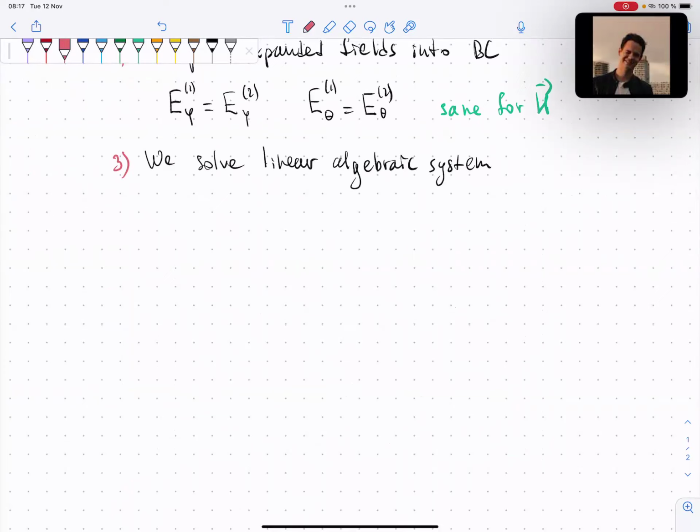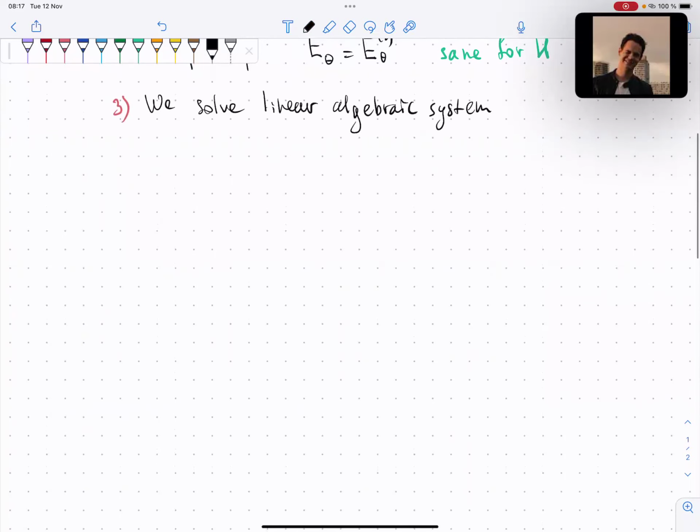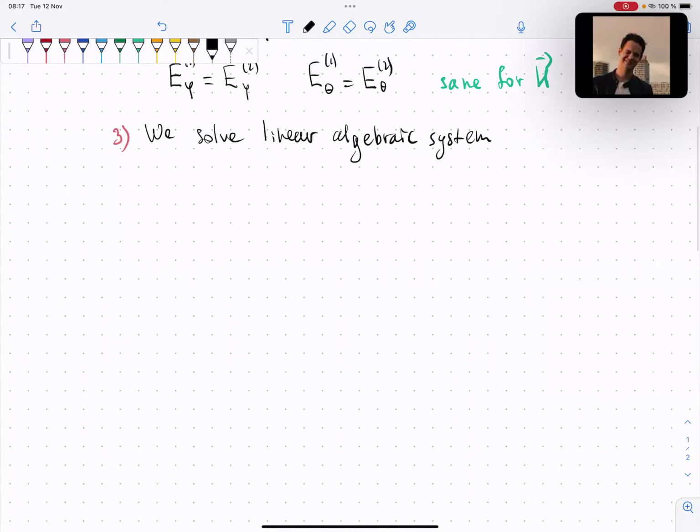We will not solve this problem rigorously today because it will take us a lot of time. But I will just explain to you some main steps of this expansion. So the incident field: we know that these vector spherical harmonics form an orthogonal basis.